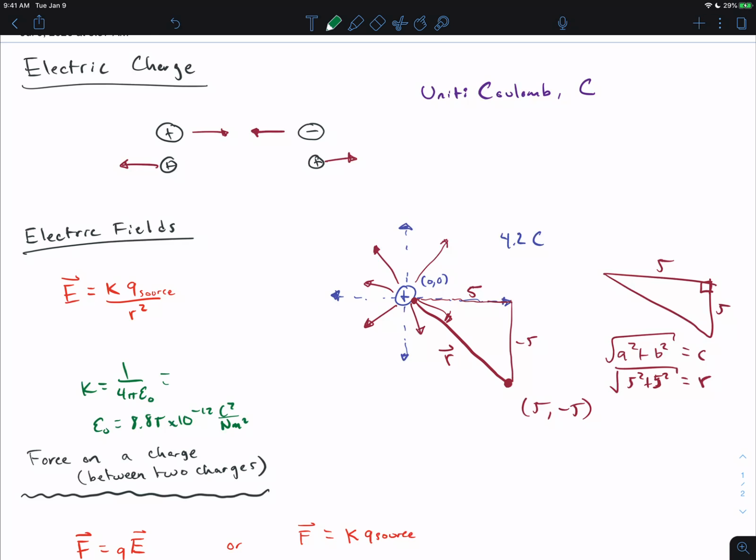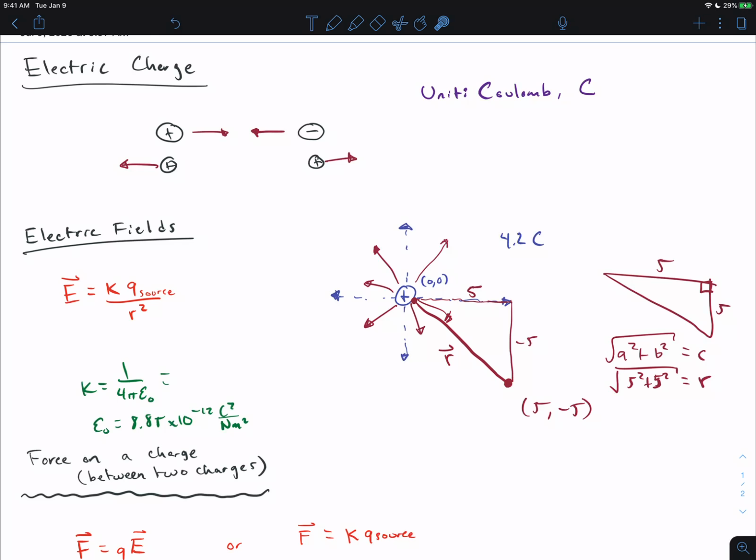You can see 4 is a constant, pi is a constant, epsilon naught is a constant, so this whole thing is a constant as well. Instead of calculating it every time, we can condense it into just one constant K for us to use.